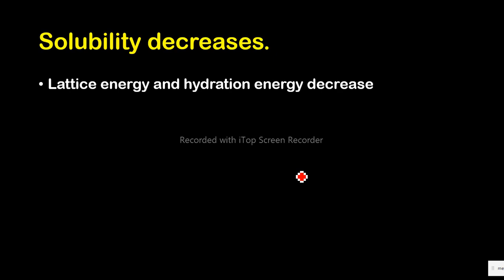If the lattice energy increases and the hydration energy decreases or cannot outweigh the lattice energy, then the enthalpy of solution becomes positive, so you need energy, and the solubility decreases. However, if the hydration energy is negative and the lattice energy is relatively lower than the hydration energy, then the enthalpy of solution becomes negative and the solubility increases.